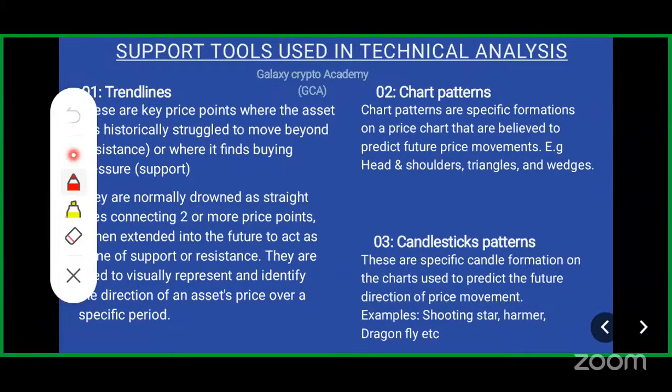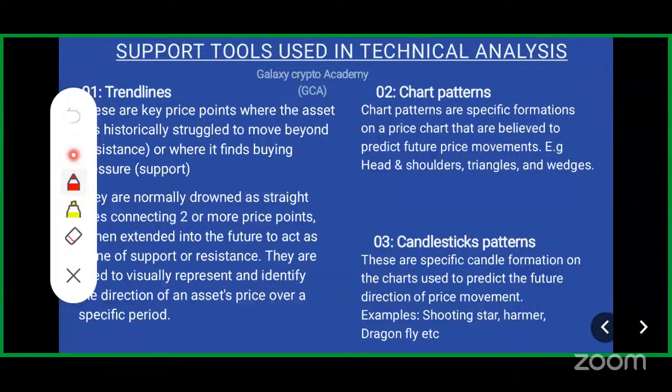Then we have what we call the chart patterns. Now, especially with the chart patterns, if you're going to be that trader who bases on the chart pattern or on certain formations of the candles, in terms of shape or pattern, to trade, you can as well look deeper and see how best you can perfect those strategies.